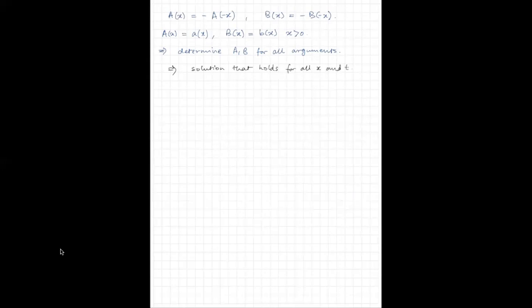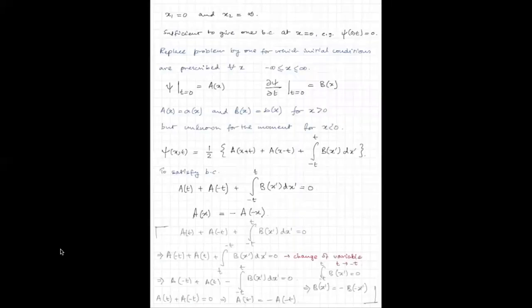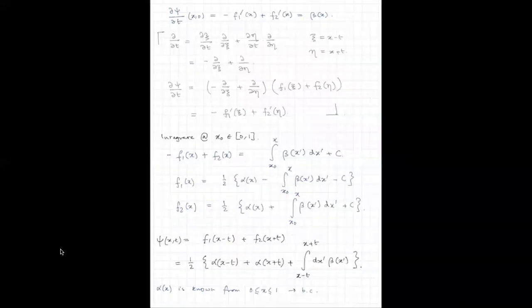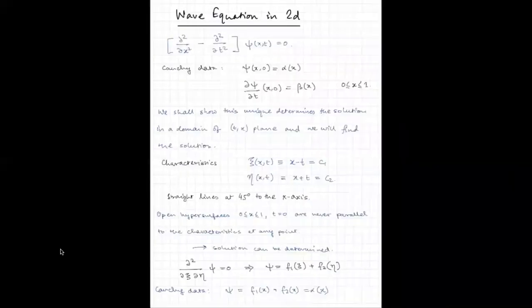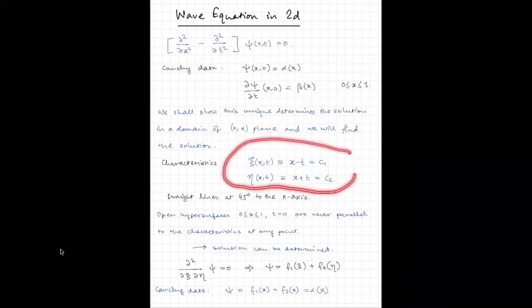So you see what we have done. We had first looked at the problem when we were trying to determine what the wave equation was, and this Cauchy data was given to us at a finite interval. We solved the equation by means of these xi and eta, the characteristics, which are at 45 degrees.